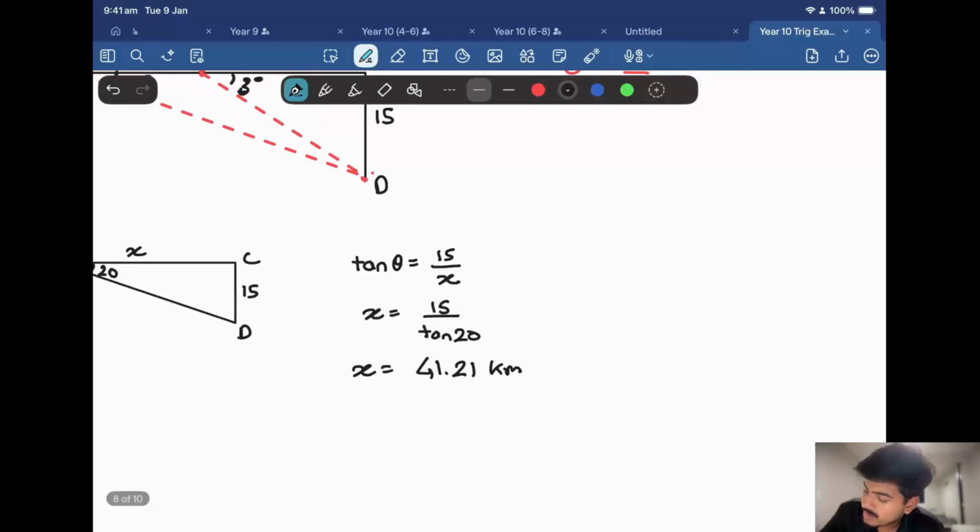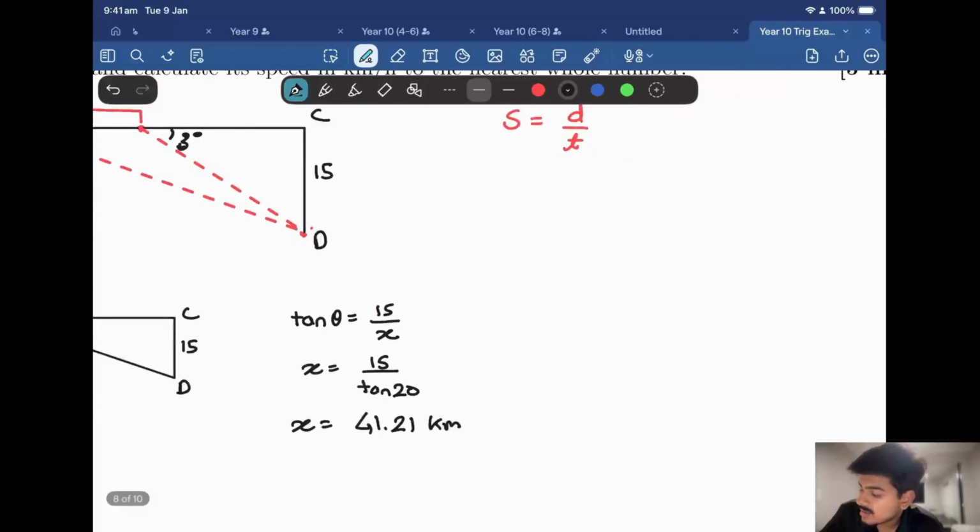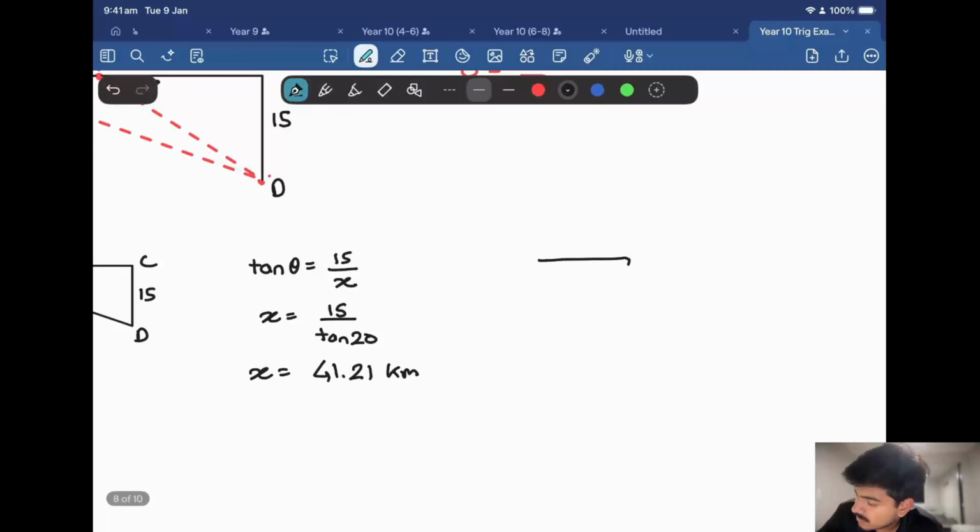Okay, and then we find BC, okay? So let's draw smaller. BCD, CD stays constant, BC is X, this here is 3 degrees, my angle of depression.